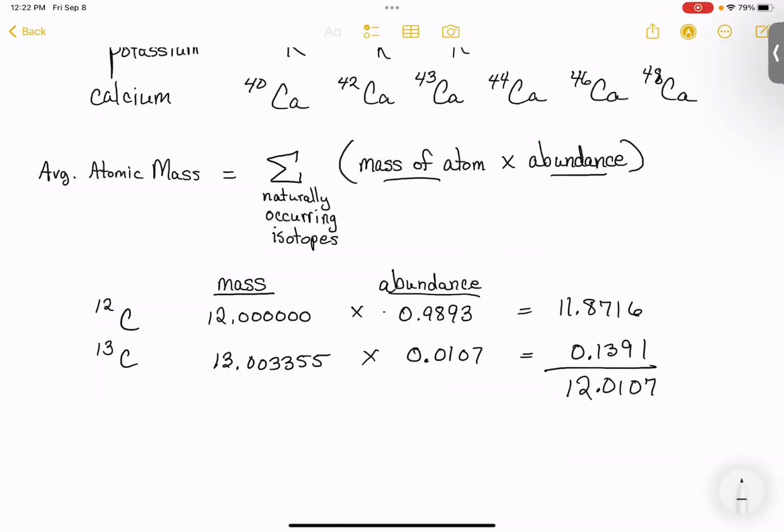And to get the mass, we look at where it comes off on this. So this was just past 13, and so that's where that 13.00335 would come, whereas this one would have been at 12.000000. So that's how we get it.